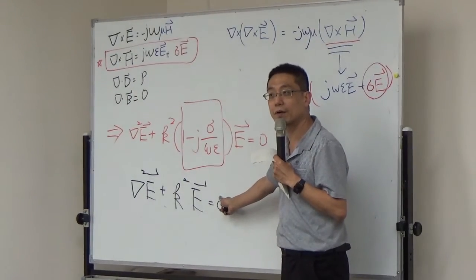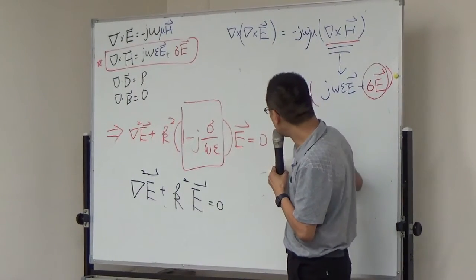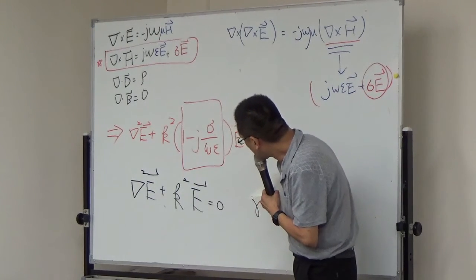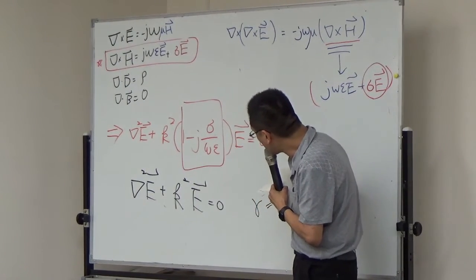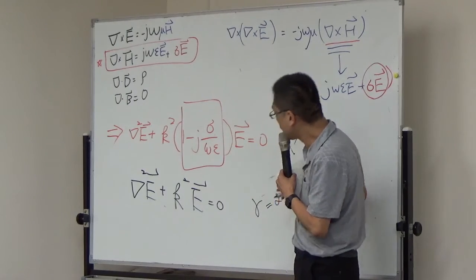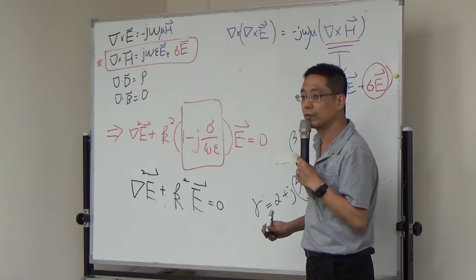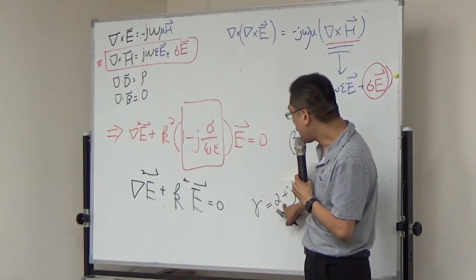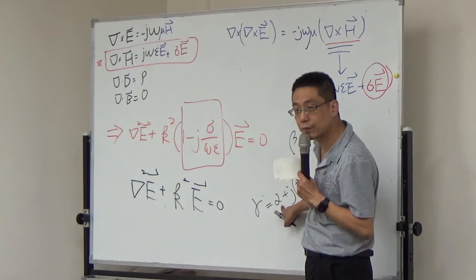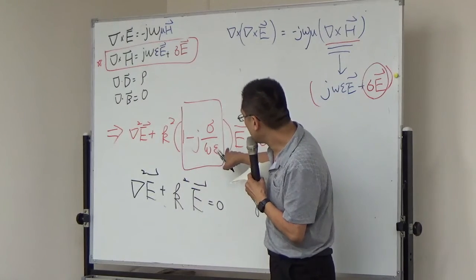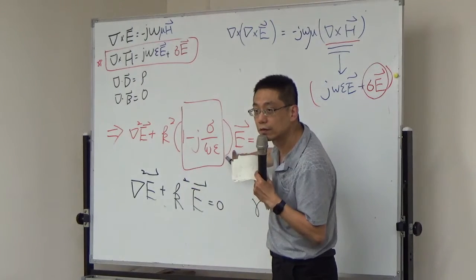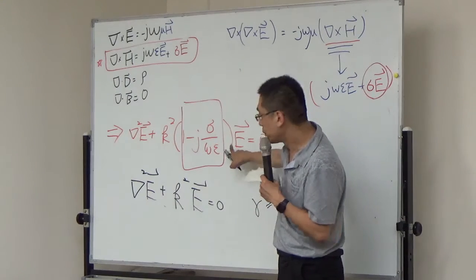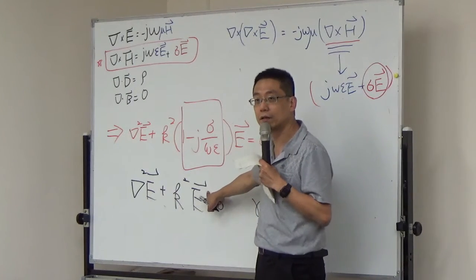Lossless, right? You consider beta only. You consider gamma equals alpha plus j beta. What do you want? You want, if alpha equals 0 in this equation, it will become this one.